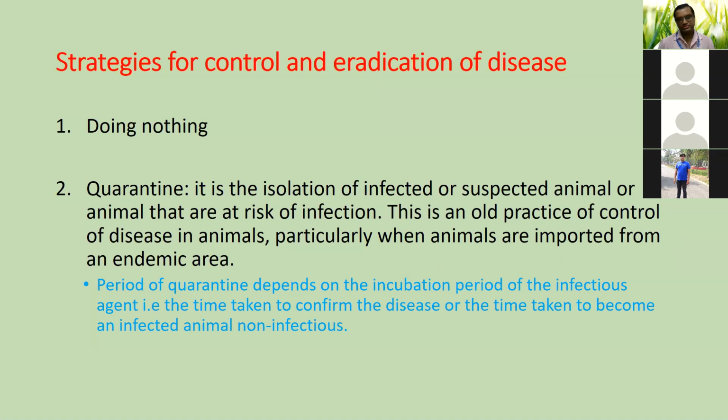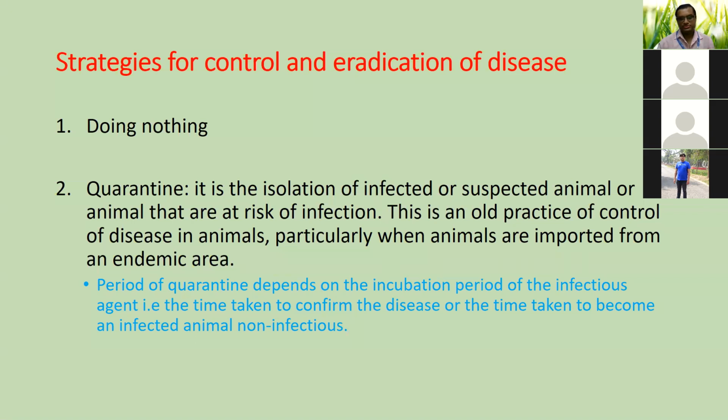As you see in the present scenario of COVID-19, people traveling from abroad are being quarantined for a period of 7 to 14 days, depending upon the incubation period or depending upon the government strategy.